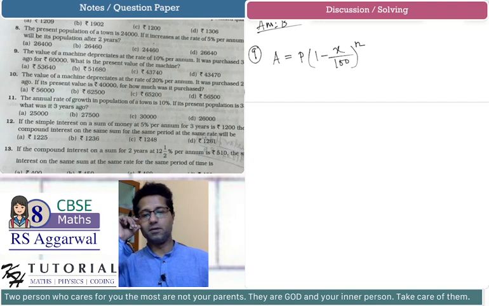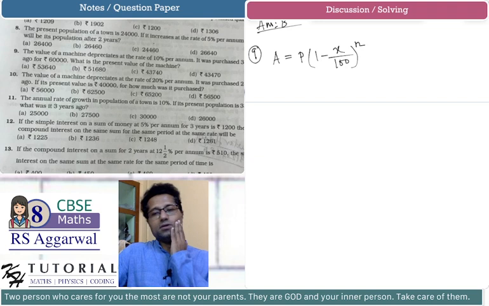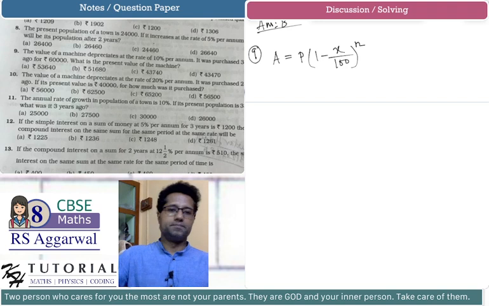So A is the value of the machine after n years, where the initial value is P, and the value is depreciating at the rate of X per annum.